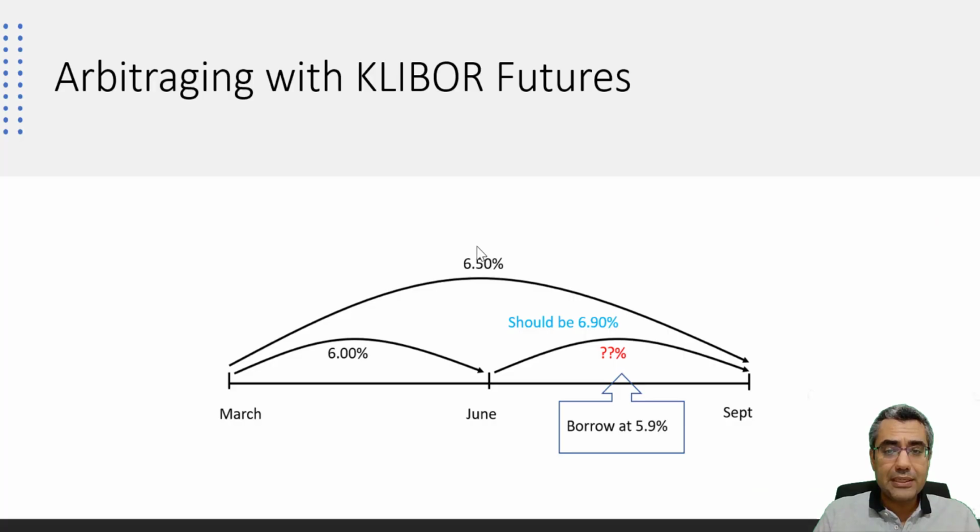Based on your calculation, which is very easy to compute, if you have today a 3-month interest rate and 6-month interest rate, easily you can compute the 3-month interest rate in the next 3 months, right? So the interest rate in June on a 3-month debt instrument should be 6.9%.